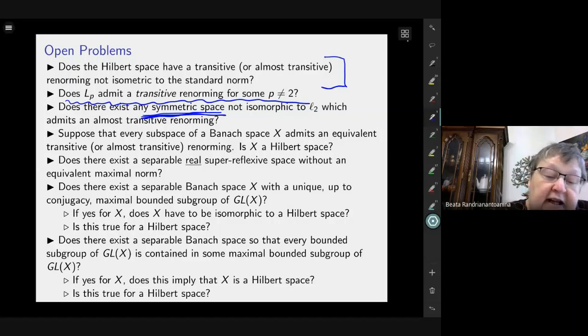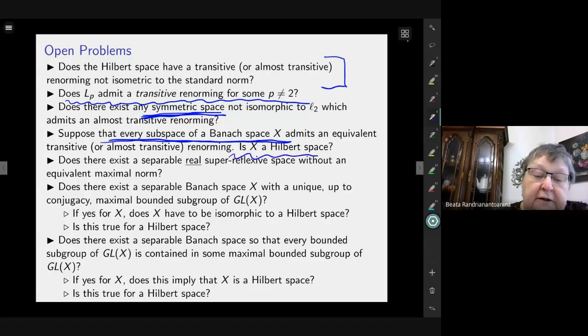And suppose that every subspace of some Banach space admits an equivalent transitive or almost transitive renorming. We know this happens in Hilbert space. Every subspace is also a Hilbert space. Does this condition imply that X has to be a Hilbert space?